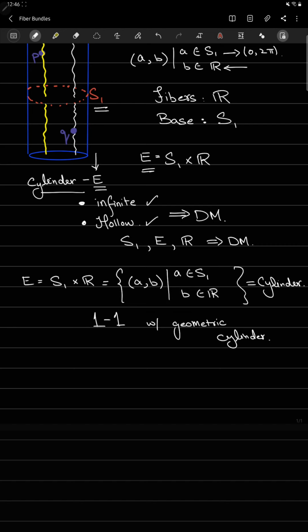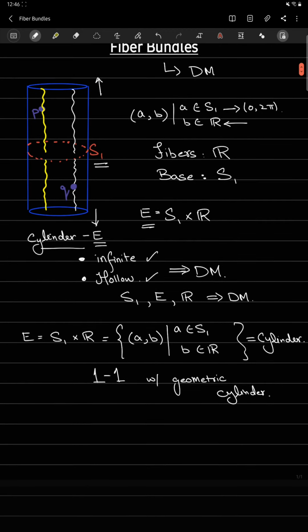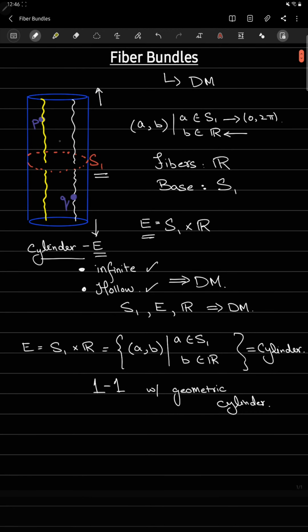Okay, so now let's look at this diagram over here again, and let's look at these two points, point P and point Q, right? Now, if you look at the fiber that is associated with Q, it is not generally the same as the fiber that is associated to this point P, right?